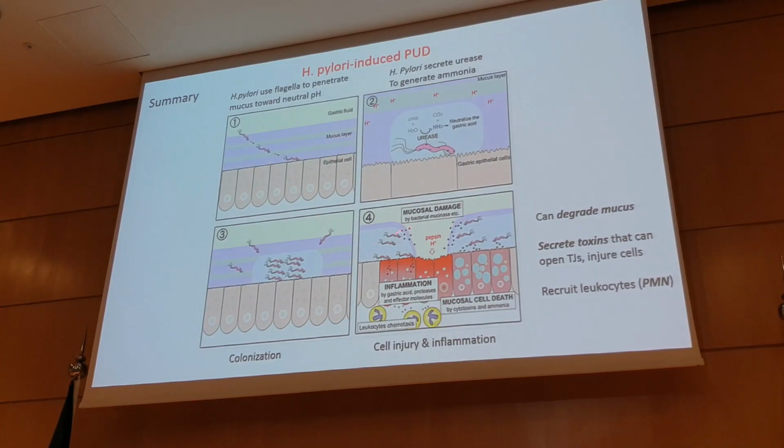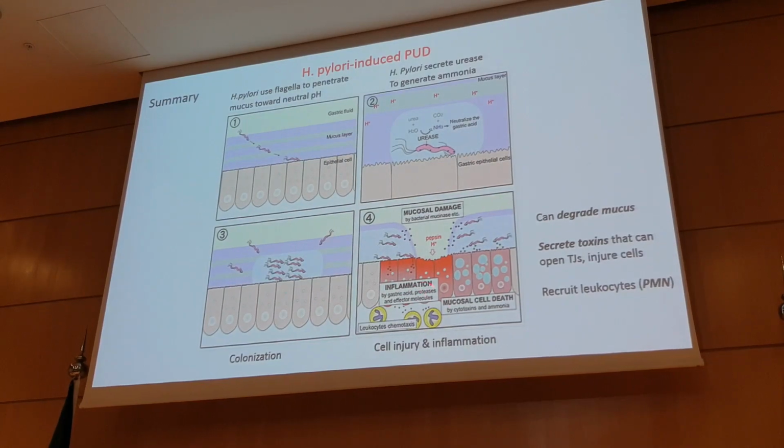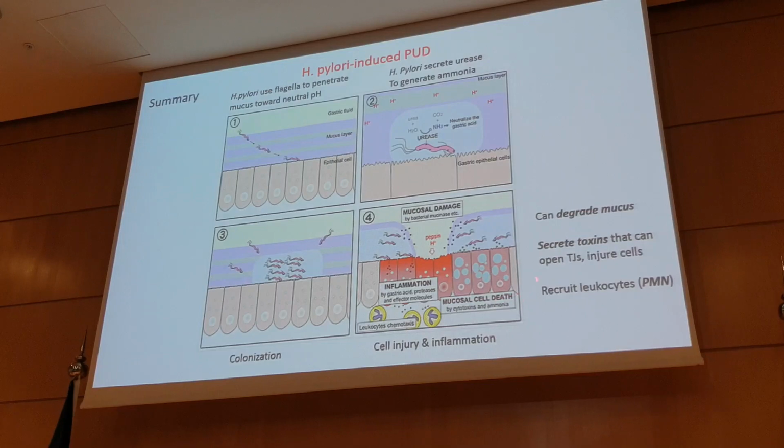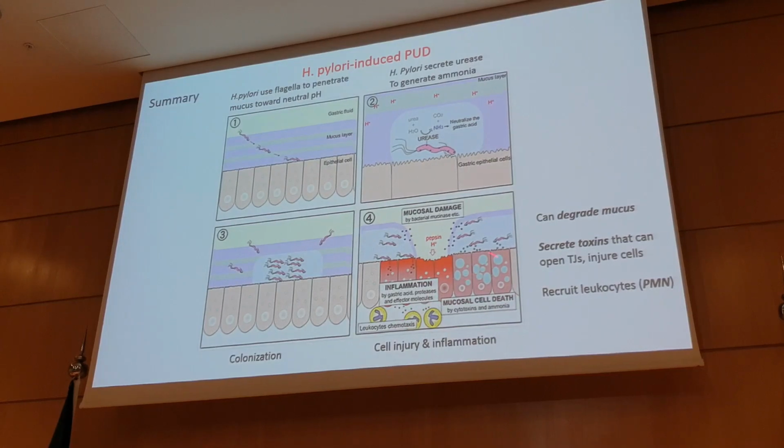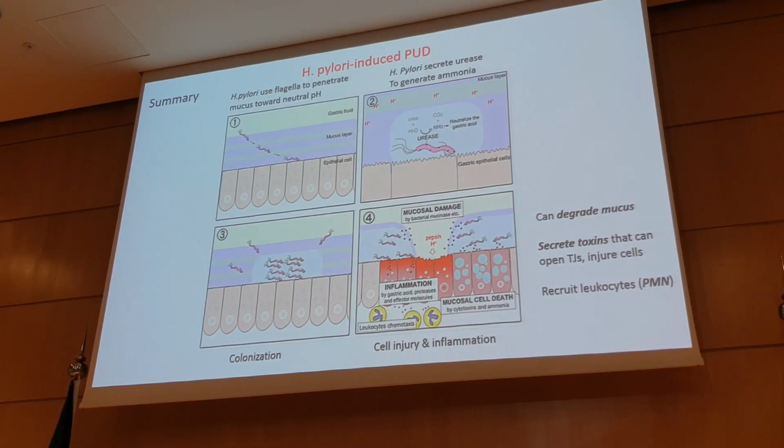But nonetheless, it's telling you the story. They destroy the mucin layer, they destroy cells, and you get cell death and inflammation. Okay, so that's how you get gastritis. Now they also can resist. They tolerate the immune system, so it's very difficult for you to get rid of it. That's why you're always going to have H. pylori and irritation of the stomach.